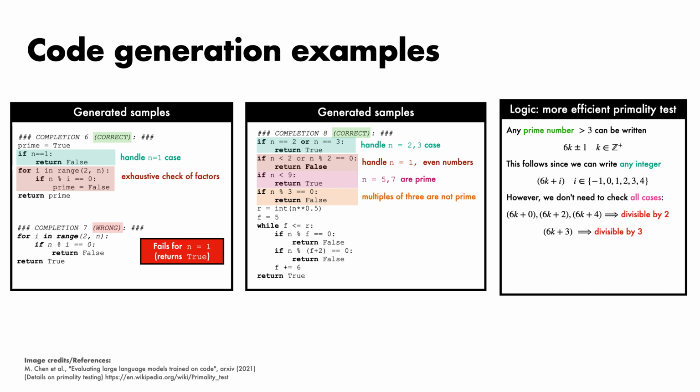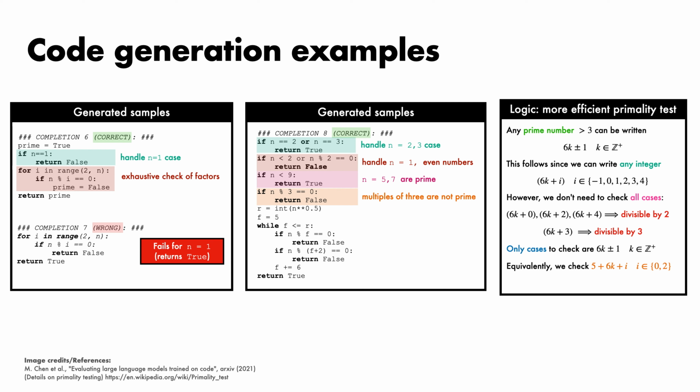Consequently, since values greater than 3 that are divisible by 2 or 3 are not primes, the only cases to check are those of the form 6k plus or minus 1 for a positive integer valued k. We can equivalently write this last expression as checking cases of the form 5 plus 6k plus i, where i is either 0 or 2.